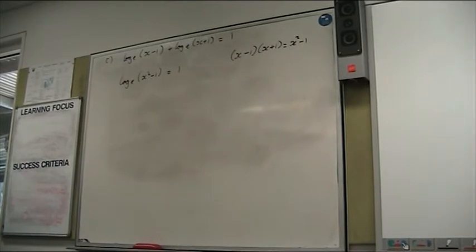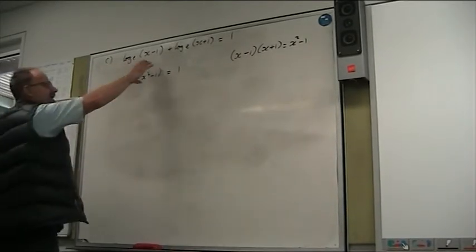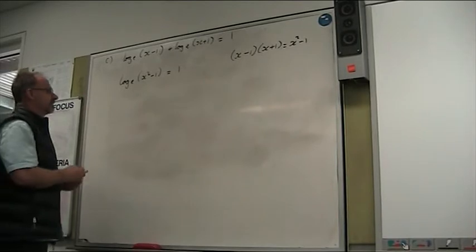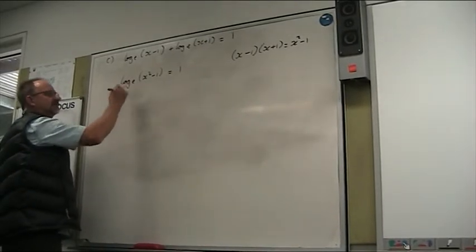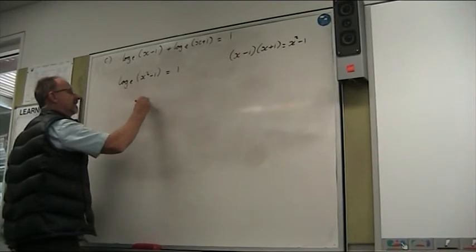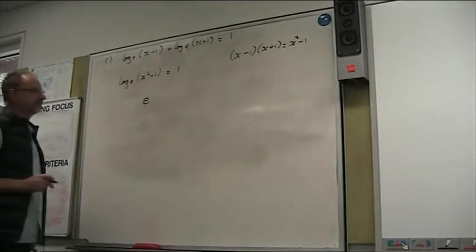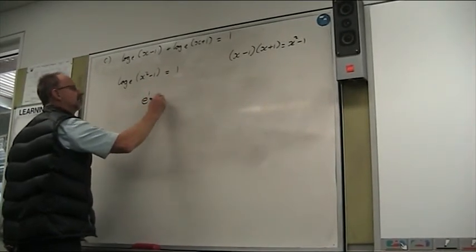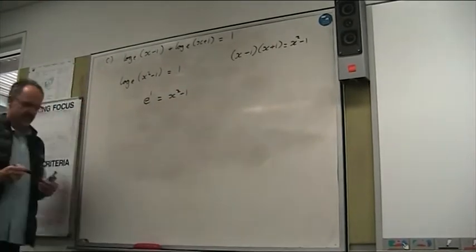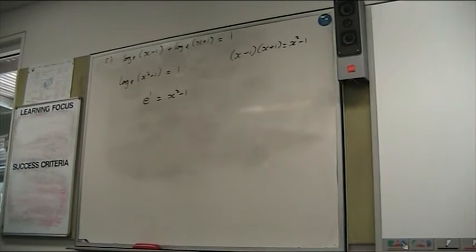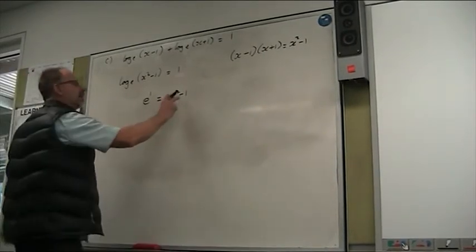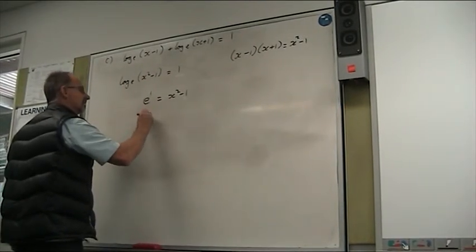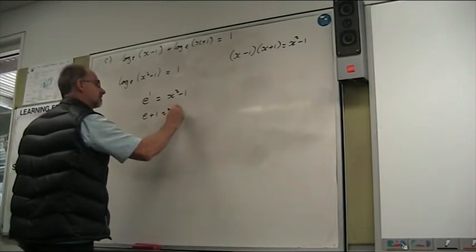We only have one log on one side, so we need to change this into an index equation. The base number is e, so it's going to be e to the power of whatever's over here. e to the power of 1 equals x squared minus 1. e to the power of 1 is just e, and we want to move this 1 over, so we add it. So e plus 1 equals x squared.